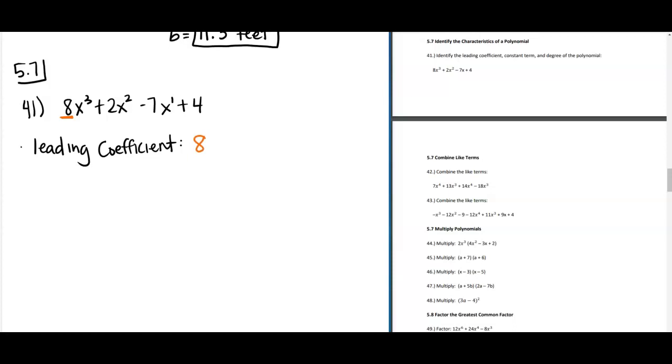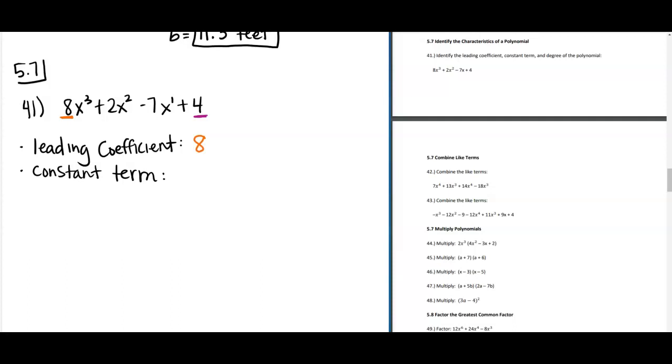Then the next thing it wants us to find is the constant term. The constant term is the one that doesn't have a variable with it. So 4 is going to remain constant. That term is always going to be 4, whereas if we looked at the one in front of it, this term isn't always going to be negative 7.